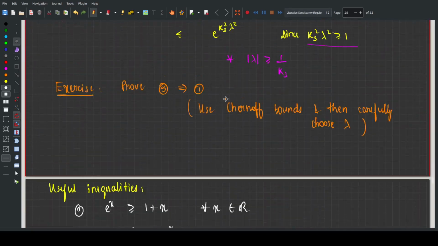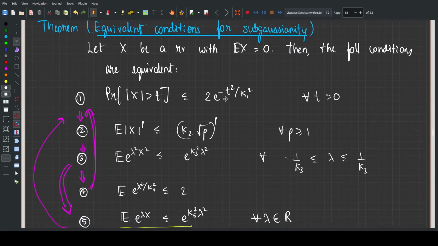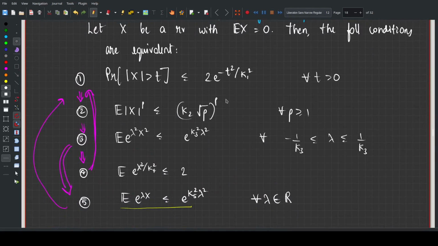Let's just quickly look at the properties once again. Maybe I'll just write it down for convenience.